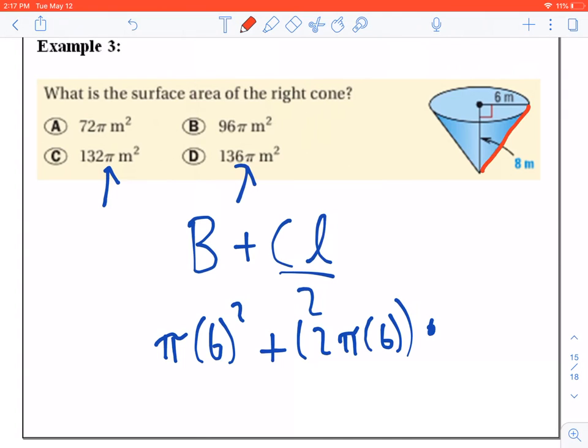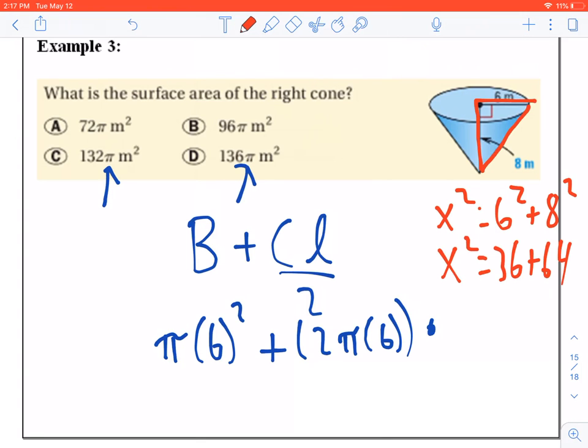So, if we don't know it, it's just a quick right triangle to do. I have x squared equals 6 squared plus 8 squared. So, x squared equals 36 plus 64. Add them together, I have x squared equals 100. Take the square root, we get x to equal 10.